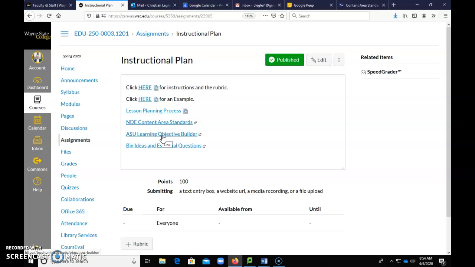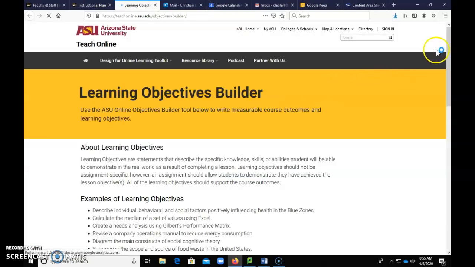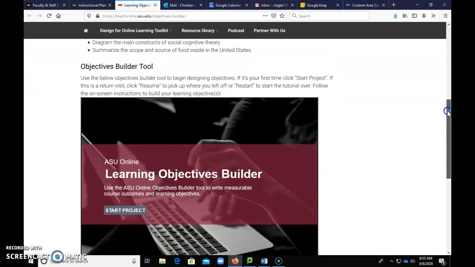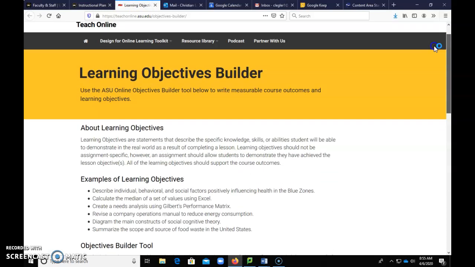Usually you start that with "students will be able to," and then you usually pick a Bloom's taxonomy action verb like compare, contrast, or create, or analyze. And so if you click on this ASU Learning Objective Builder, it'll help you pick out some of those action verbs and word your learning objectives correctly. So give that a shot.